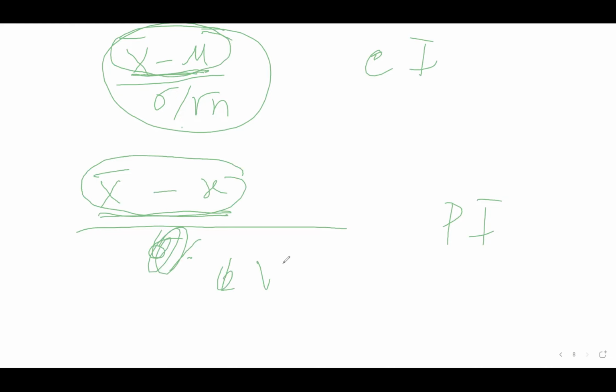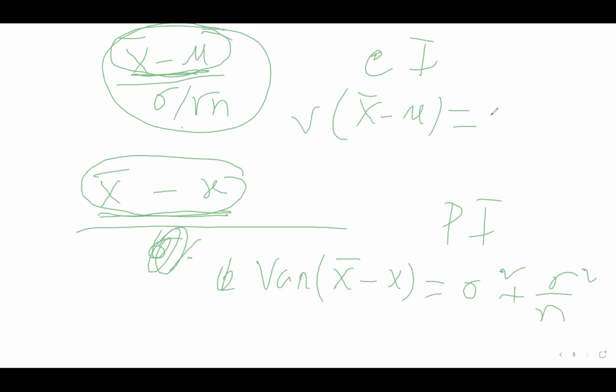First you need to calculate the variance of X bar minus X. If you calculate this, you will find sigma square plus sigma square over n. And for the variance of X bar minus mu, can anyone tell me what is the variance of X bar?